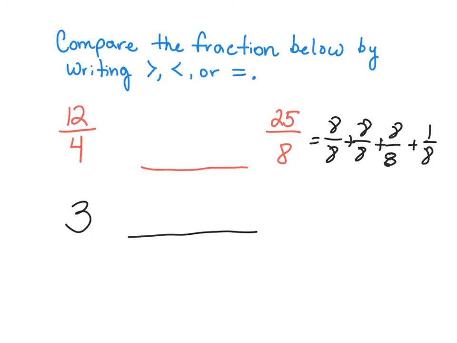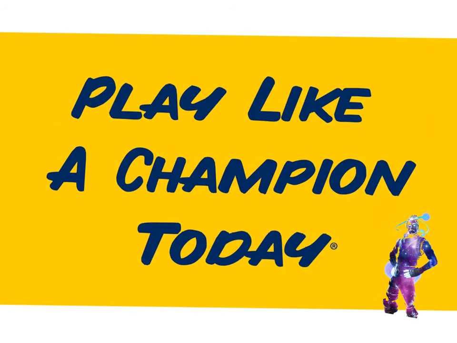So basically, right here, we have 3 wholes and 1/8. So who is automatically greater is 3 and 1/8. This one is just 3 wholes. This is 3 wholes plus an eighth. So we know that 3 and 1/8 is greater than 3.